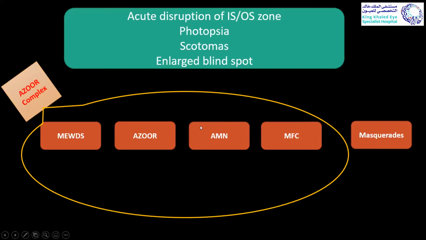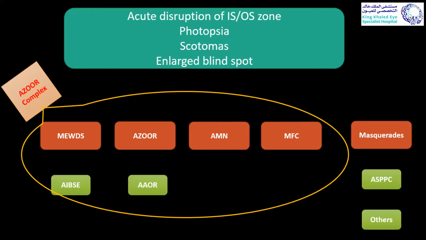When first described in the literature, Gass linked all these diseases as part of the AZOOR complex. However, nowadays, with multimodal imaging, we clearly know that those diseases are not similar.